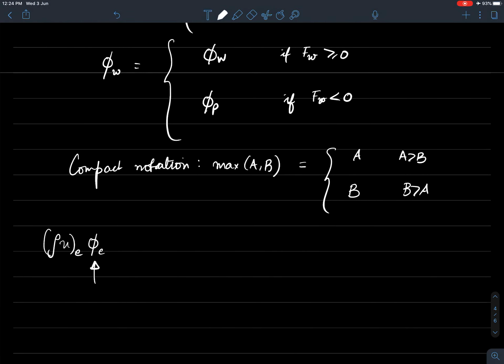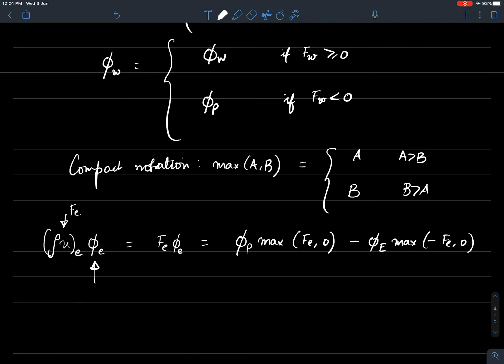This depends on whether fe is positive or negative. So we have fe into phi e, which I could write as phi p into max of fe comma 0 minus phi e into max of minus fe comma 0.